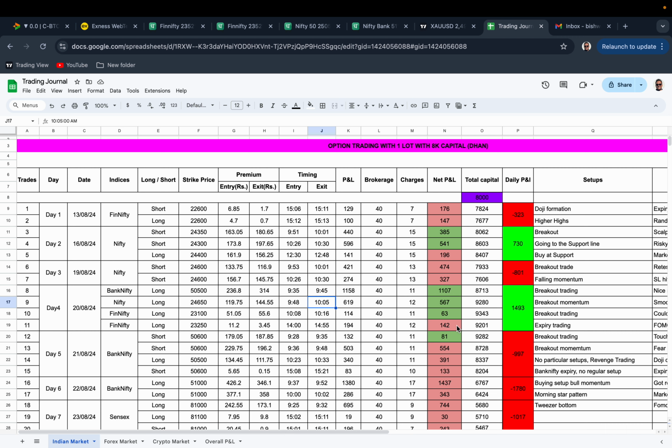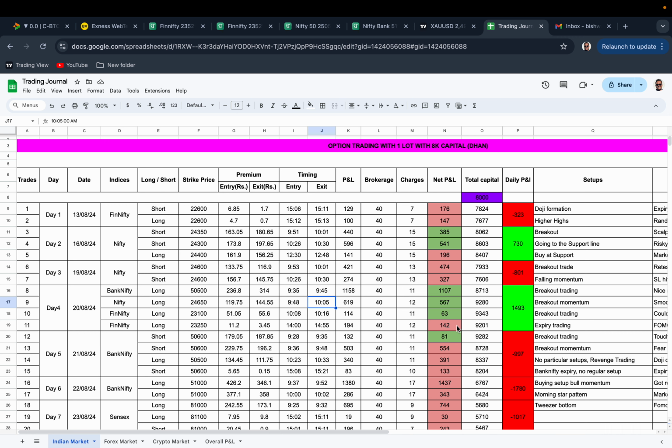Always think about the percentage, that I have invested this much amount. For example, I'm saying I have invested 4000 rupees, so I can take a loss of maximum 10%, that is 400, and profit I can earn 400 or more than that.